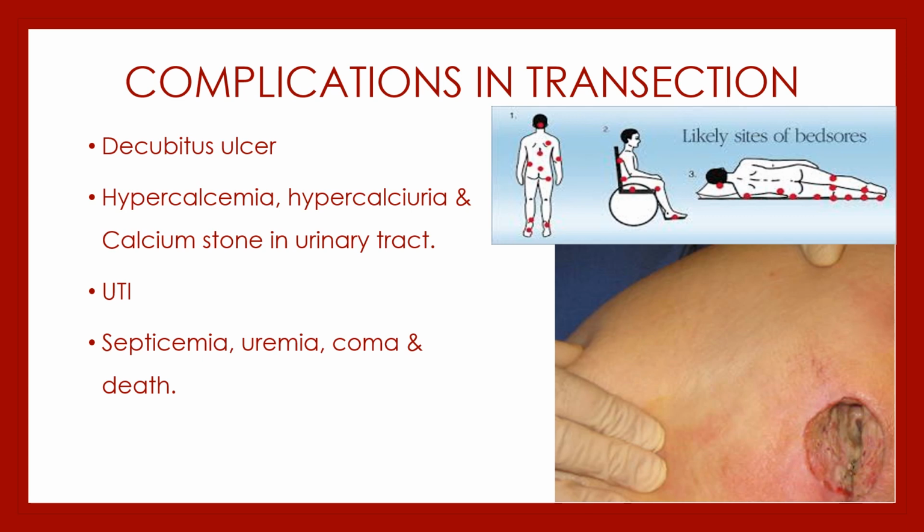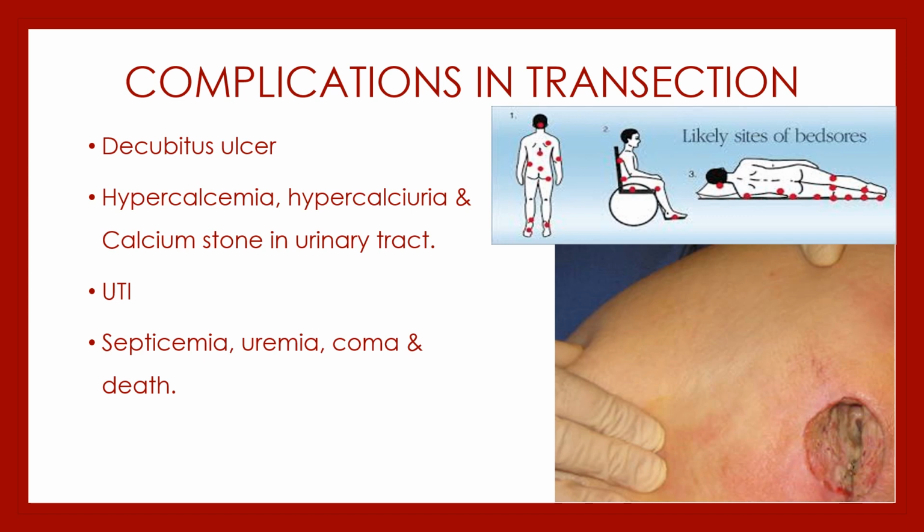This is because of the posture they are in. So due to the compression of the circulation through the skin over the bony prominences in the bedridden patients, especially overweight patients. So these ulcers, they heal very poorly, and they can even develop secondary infections.